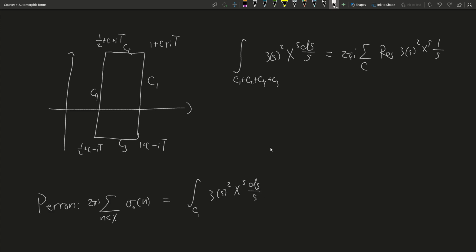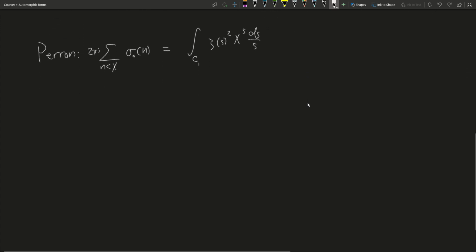So to get a good estimate, we're going to have to again bound this integral along C2, C3, and C4.